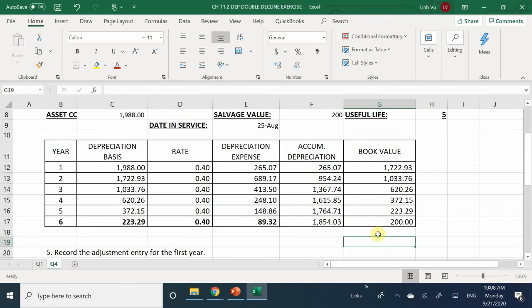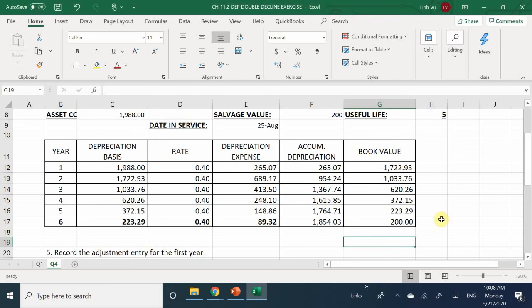We're not doing depreciation basis for the 7th year. The formula is cost of asset minus accumulated depreciation. Out of those, what numbers do we have? We have the book value, so it's equal to 200. Accumulated depreciation is what I'm solving for. But what is my asset cost originally?